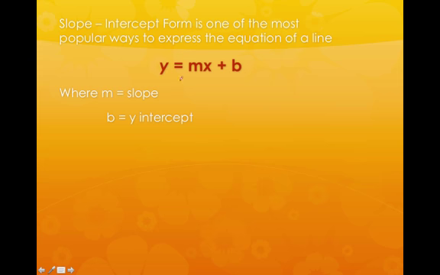So the y-intercept, jump over to this b, and we also saw that the coefficient to our x was the slope of our line. So if I know that I have a slope of 3/4 and a y-intercept of 5, I could write that as y equals 3/4 x plus 5.